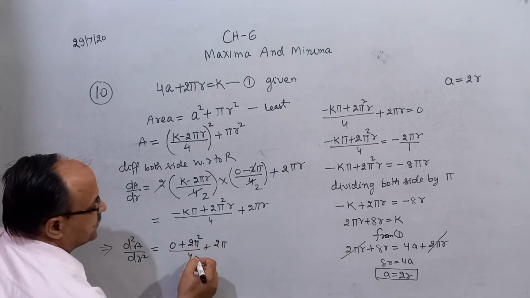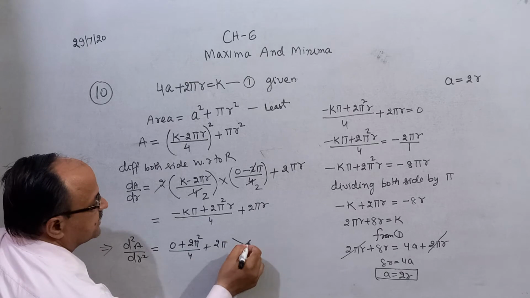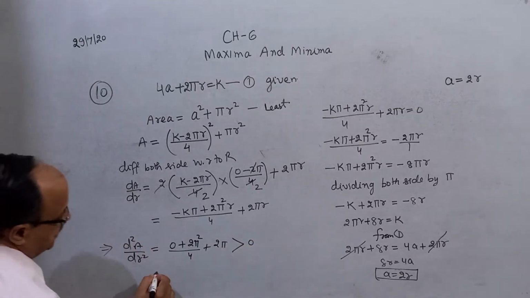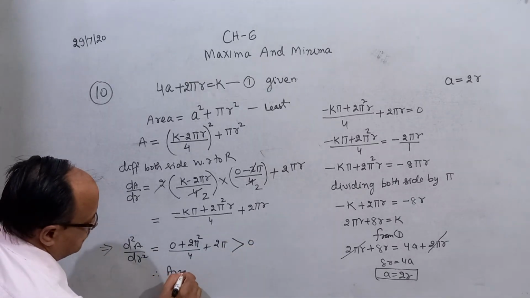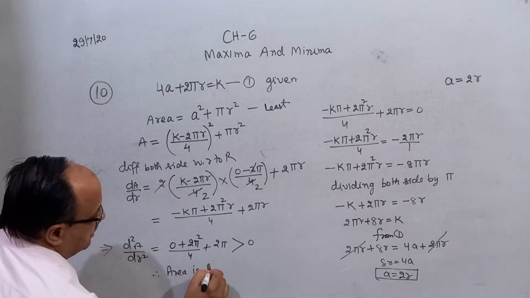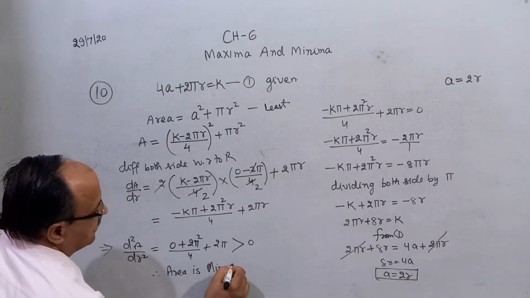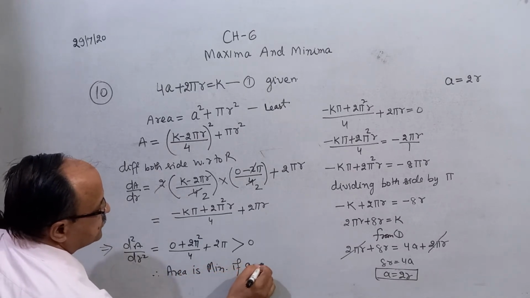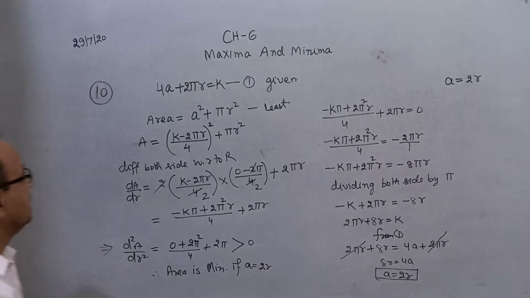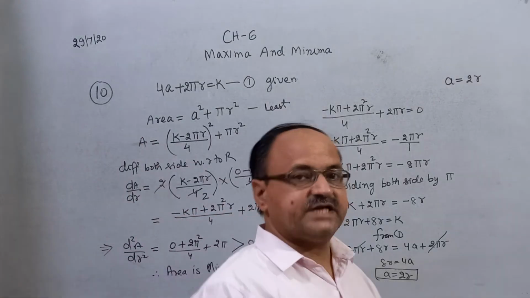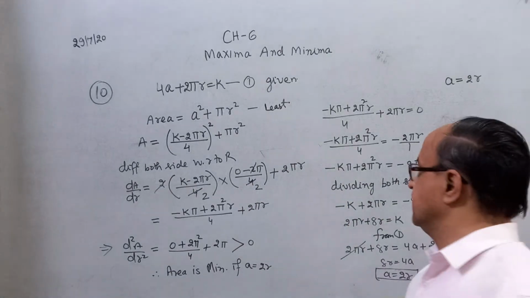All are positive quantities, so it is greater than 0. You can say the area is minimum if the side of the square is 2r. This is the solution of question number 10. Clear?